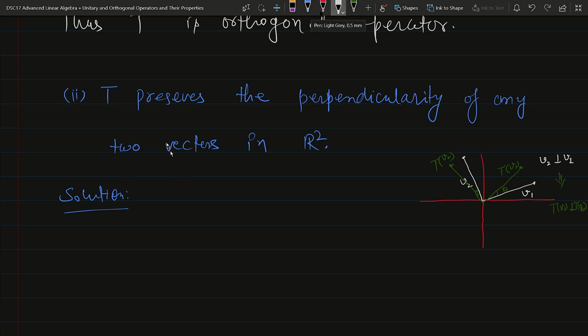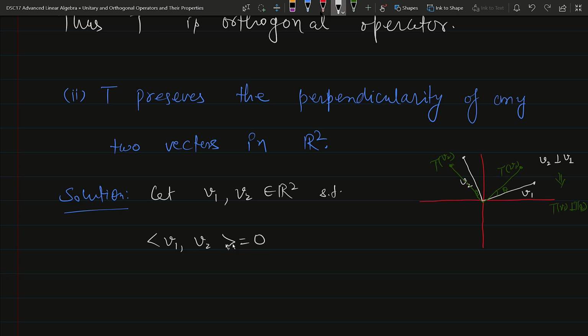So you can see हमने ये भी देखा था कि जब T orthogonal operator है so it preserves the inner product also. So let me write that. Since perpendicular, हमें दो वेक्टर कंसिडर करने हैं. So let v1 and v2 be in R square such that inner product of v1 comma v2 is equal to 0.